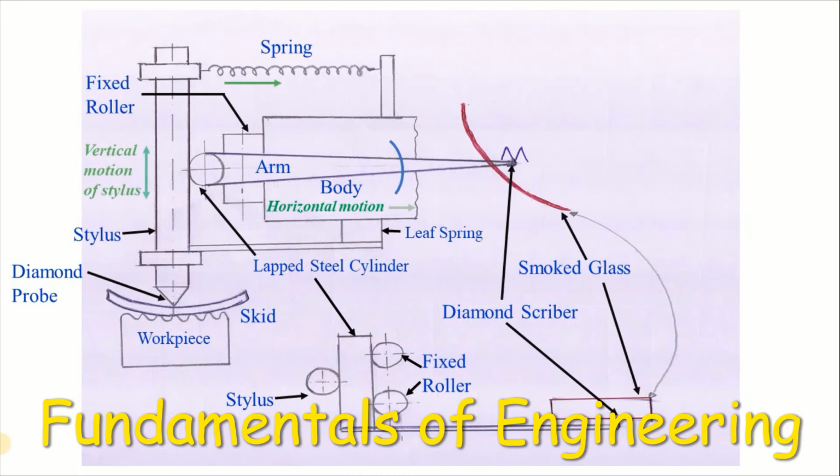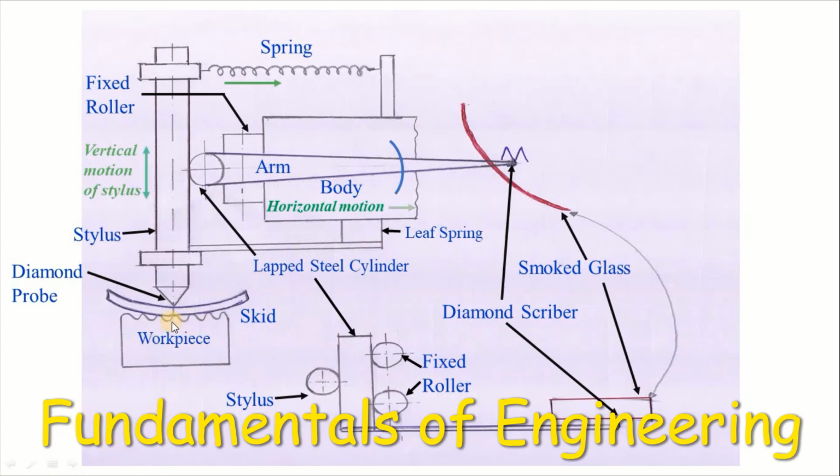This causes the horizontal lap cylinder to roll. The lap cylinder connected with the stylus rolls when there is a vertical motion of the stylus. By its rolling, a light arm attached to its end provides a magnified movement on a smoke glass plate.